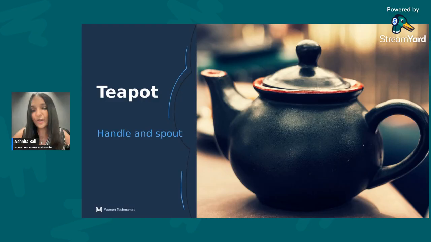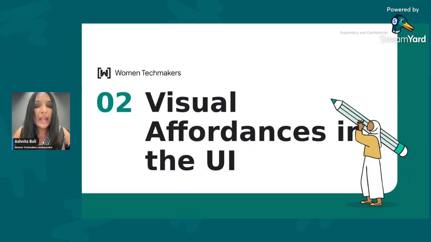So by just looking at the teapot, we intuitively know that we can pick it up by the handle, tilt it, and the contents will pour out from the spout. And we don't really need any instructions on how to use it, because the design has provided those visual affordances to us. We pretty much do the same in our user interface.